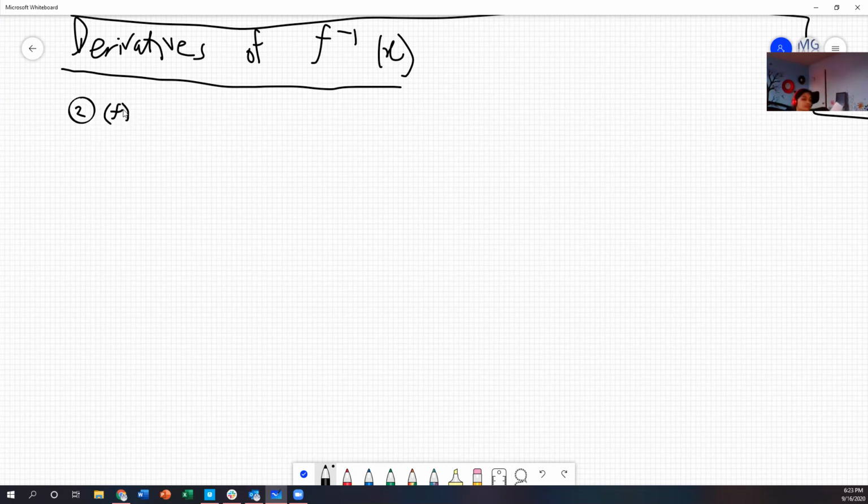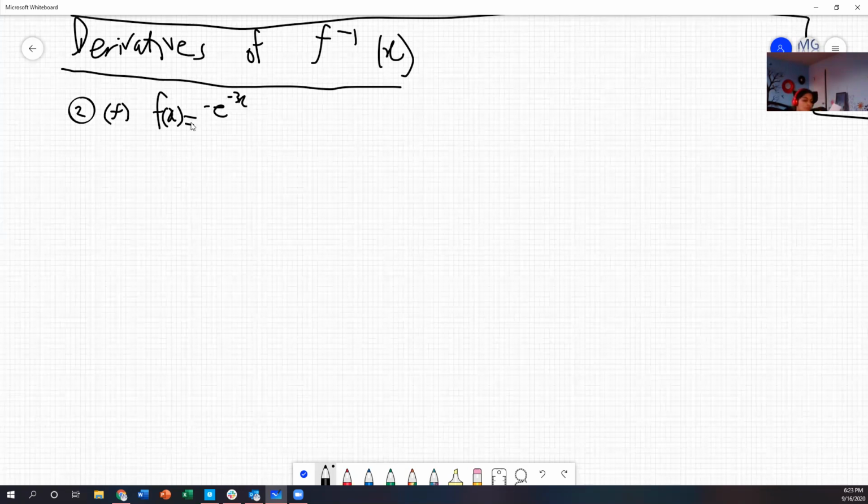Okay, 2F. All right, so f(x) equals negative e to the minus 3x over x squared plus 1, correct?